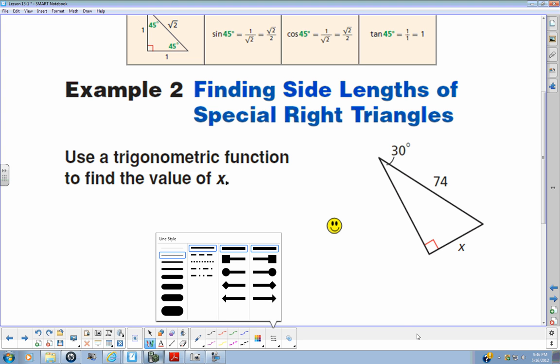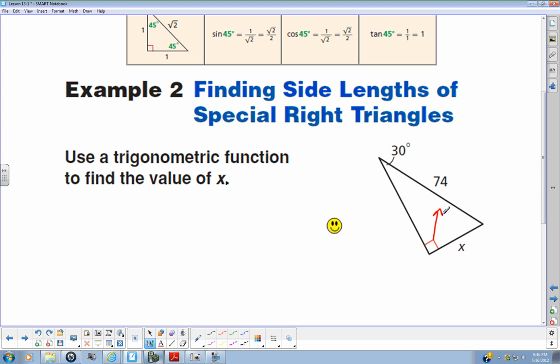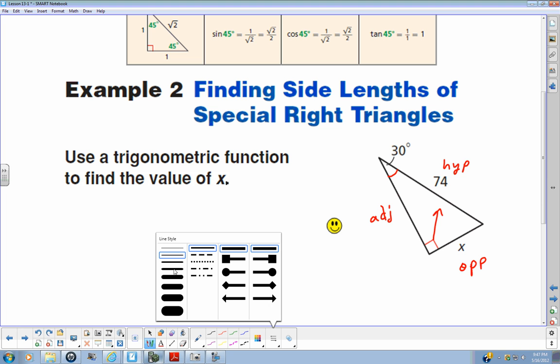The side across from the right angle is always the hypotenuse, which is the side that's 74. The side that helps form this angle is the adjacent side, which would make x the opposite side.